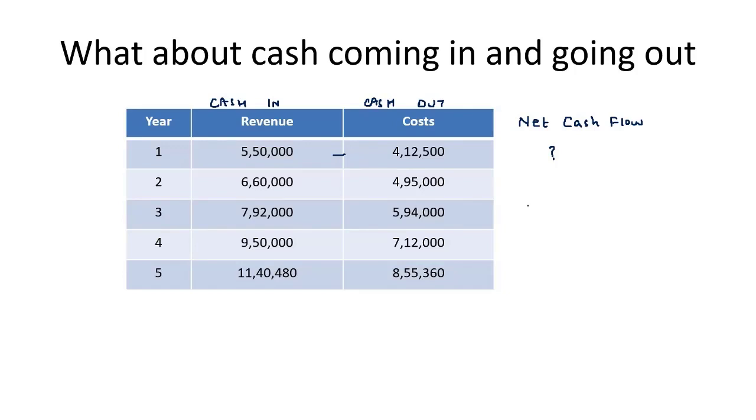So what we are trying to say is for year 1, there is a net cash flow, and that net cash flow is also denoted by CF1. Similarly, for year 2, it's denoted by CF2, CF3, CF4 and CF5.